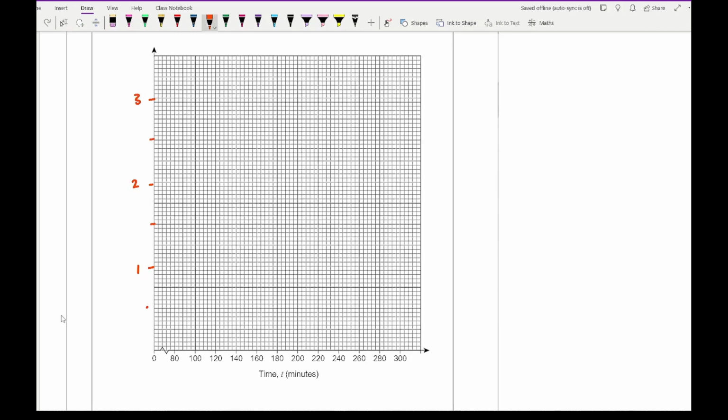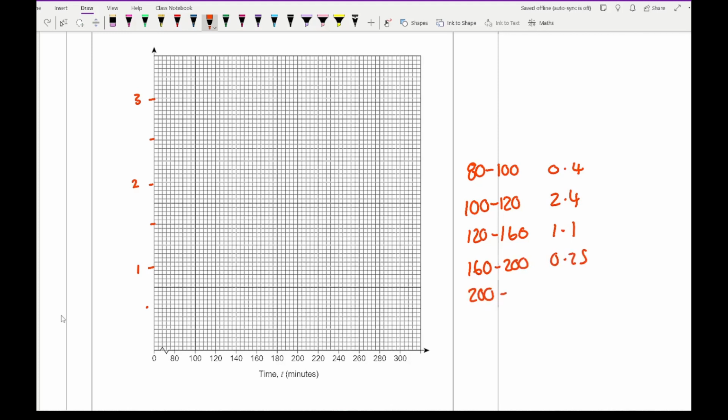And remember that the ones you're going for are: 80 to 100 is equal to 0.4. 100 to 120 is 2.4. 120 to 160 is 1.1. 160 to 200 is 0.25, and 200 to 300 is 0.1.